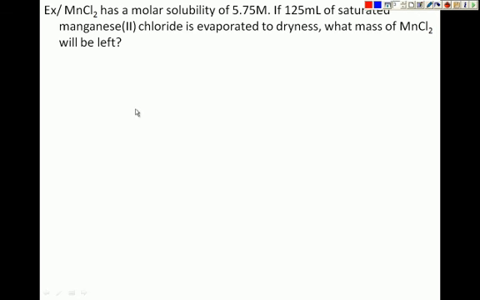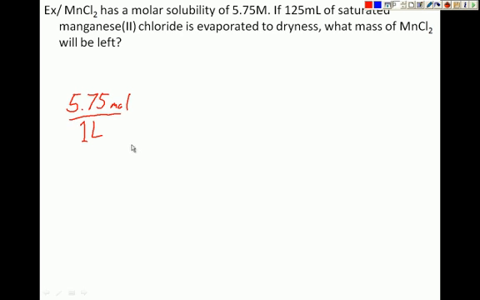Okay, now hopefully you did that, and what you should find is that what you're looking for is the mass of manganese chloride. So you're going to start off with your solubility, which is 5.75 moles per 1 liter.